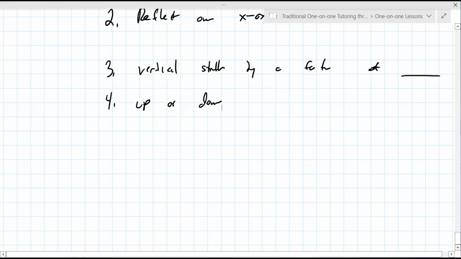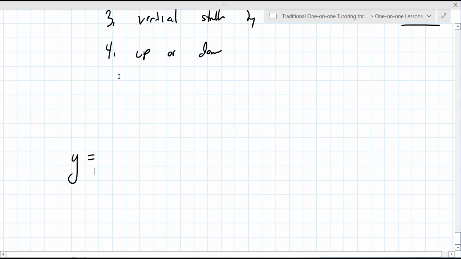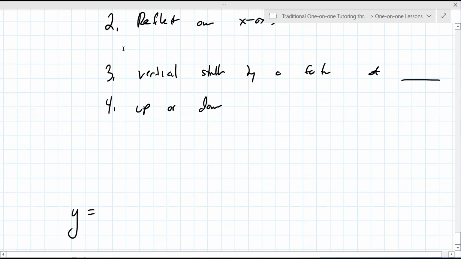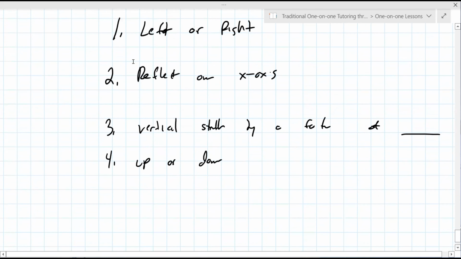We're going to have all 4 transformations in this. Should I write that down too? Well, you can. It's good for us to do. Yeah, I would write it down. Left or right, reflect over the x-axis, vertical stretch by a factor of, and then up or down. Okay, give me a minute.